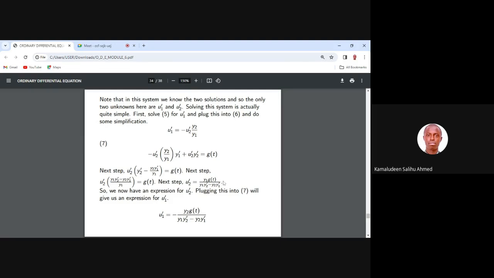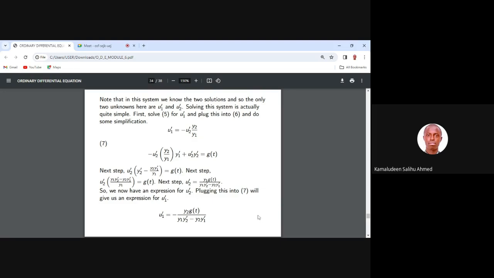That is why you have u2 prime equal to y1 g of t, which is what you had in the right hand side before, all over y1 y2 prime minus y2 y1 prime. Okay, so now you have the value for your u2 prime, but the u1 prime you had before, you just used it to get the u2 prime.